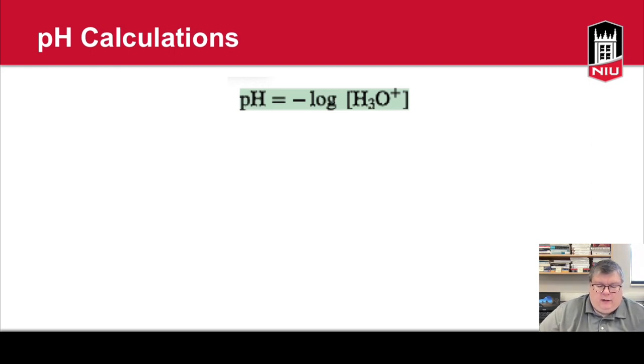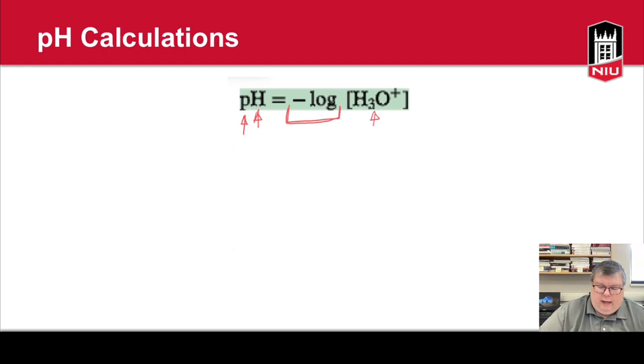Now, pH calculations. The P in pH is an operator. What's an operator? An operator is a mathematical term to denote doing something to a number. In this case, we are taking the negative log of something. The negative log of H3O+ concentration.